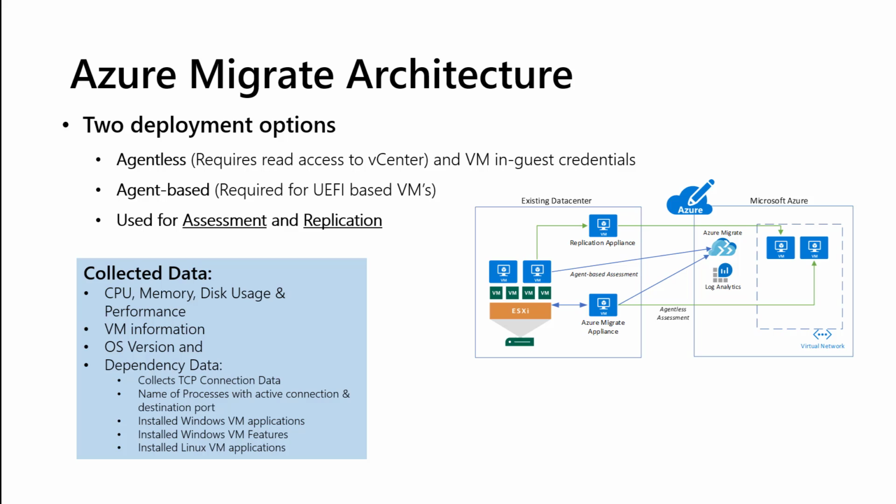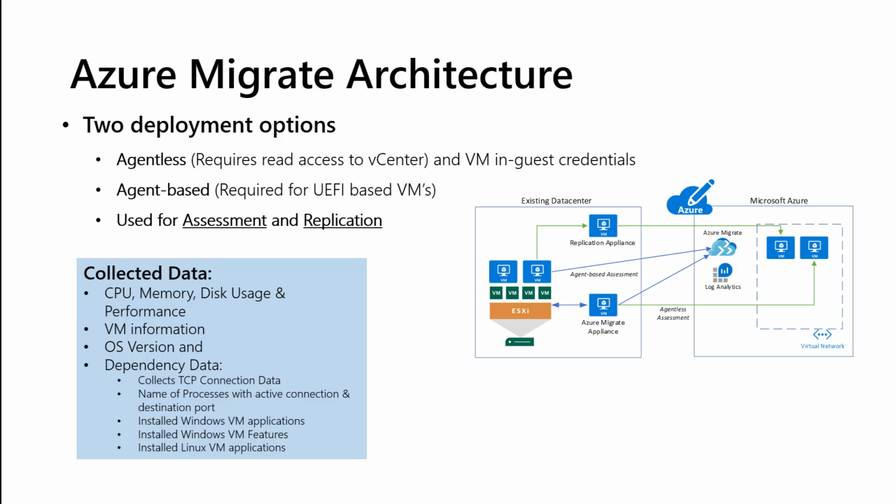Or you can also do agent-based, essentially installing an agent on each virtual machine, which then communicates back to the Azure Migrate service to give information about the current environment. But both agentless and agent-based are different supported options when it also comes to migration or replication of the virtual machines.